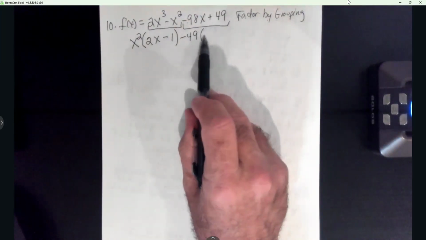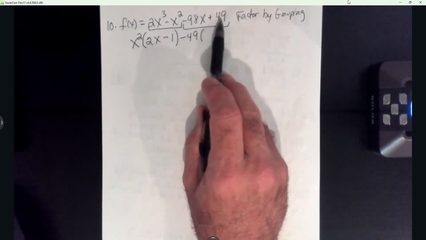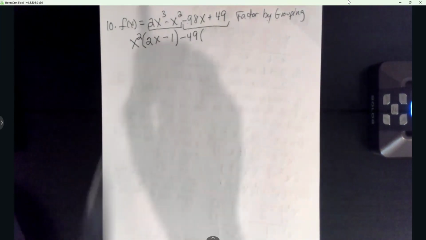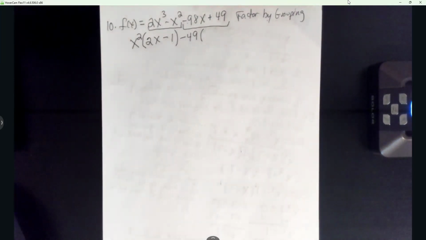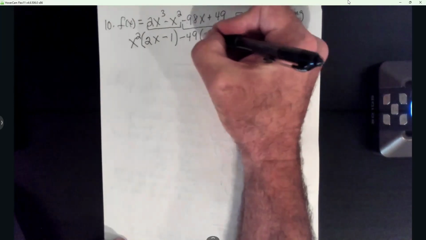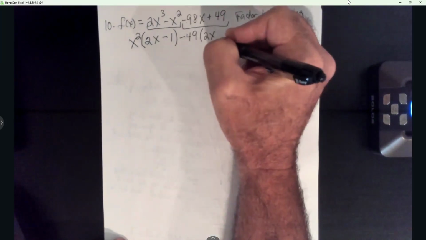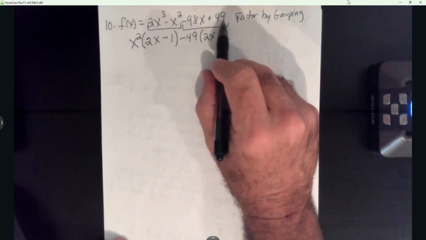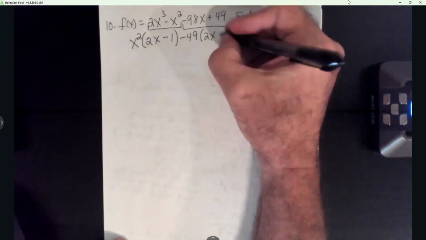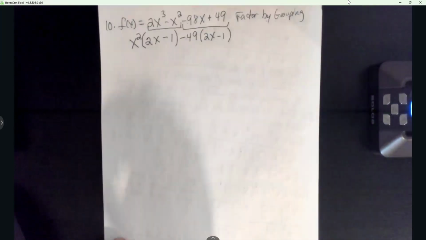So y'all, I want to see what goes into parentheses if you divided both of these by that negative 49. What do y'all think is going to go in them parentheses? Mackenzie, good job. It's going to be a 2x minus 1. Negative 98x divided by negative 49 gave me 2x. And then 49 divided by negative 49 gave us a negative 1.